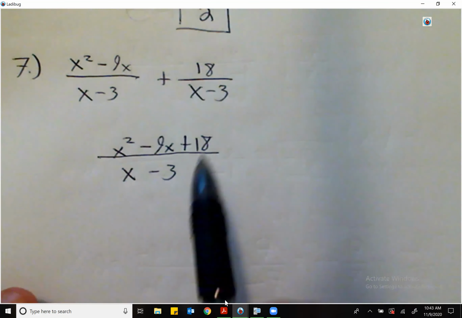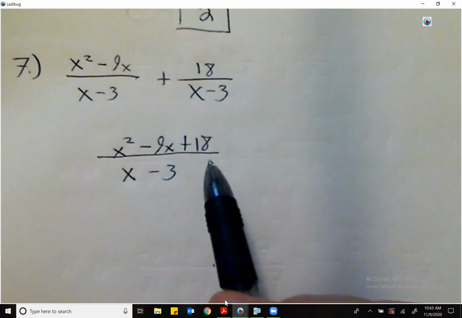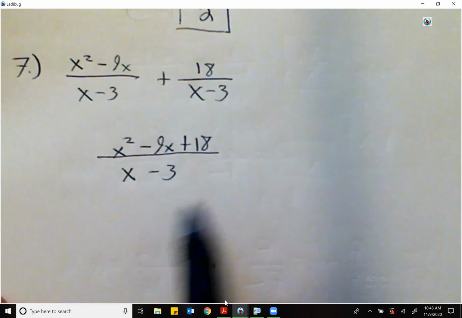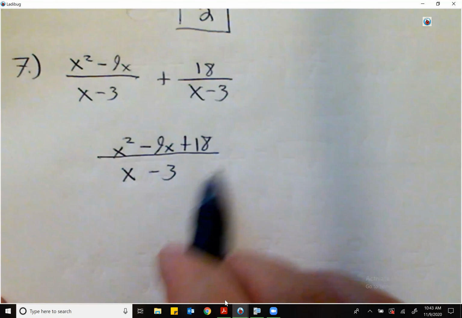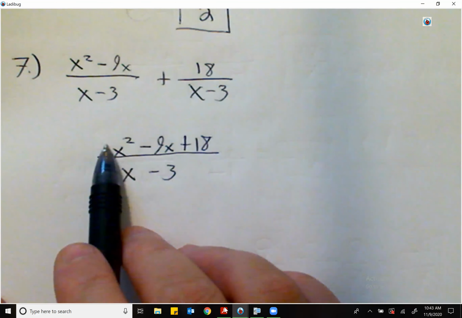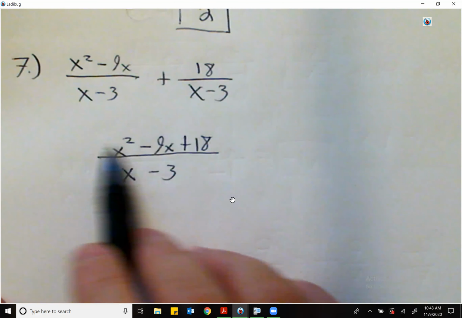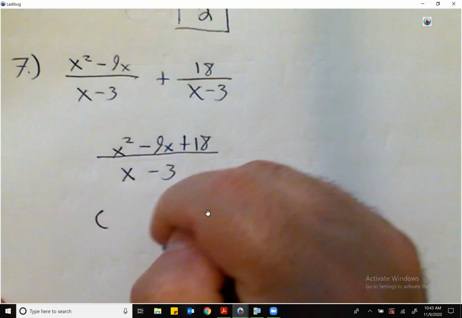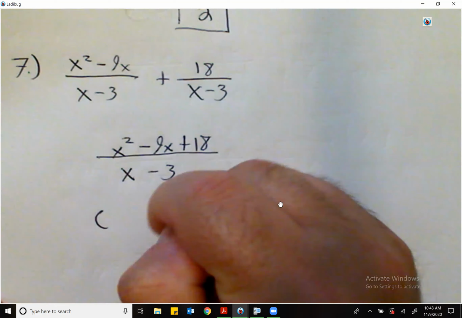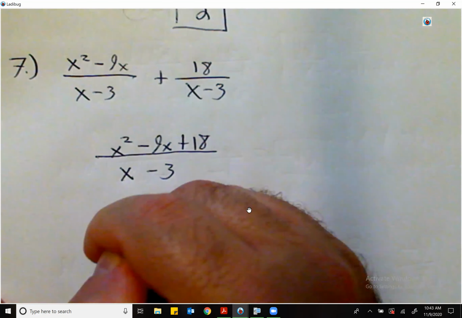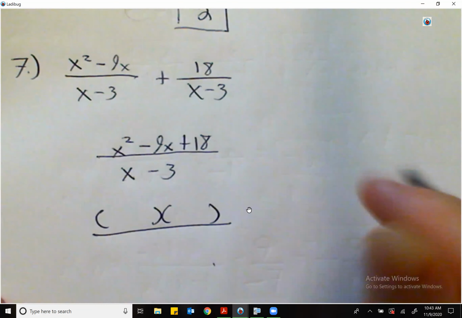What goes away? x minus 3. What's left? x minus 6. Which in our multiple choice, I believe, was D. So for number 7, the answer simplifies down to x minus 6.